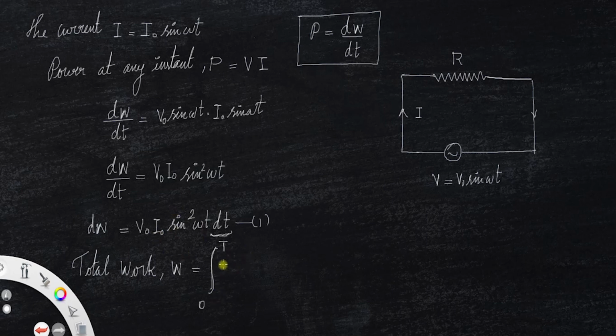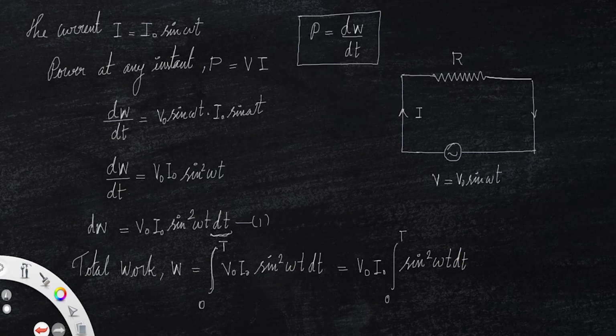So W is the integral from 0 to T of V0 I0 sine square omega t dt. Now, this V0 and I0 are constant, so I can take out V0 I0 and integrate sine square omega t dt from 0 to T.